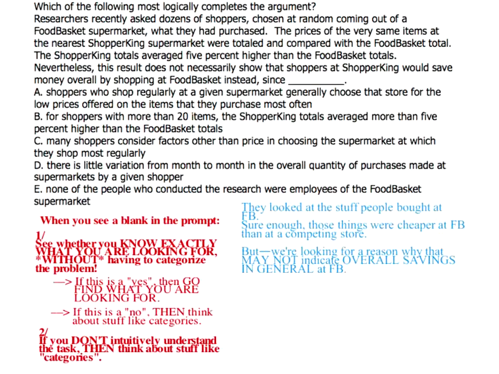Because if you were going to classify this, I guess it's a weaken problem, but you would have to construct the argument that you would have to weaken. There's not even really an argument here. You would have to actually make it into, okay, the argument is that shoppers will save more money overall, and then you're weakening that. That's a lot of steps that you don't have to do if you just read the prompt. Read it, know it, love it.